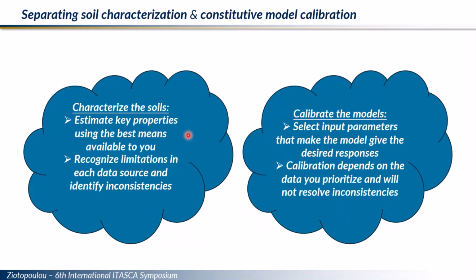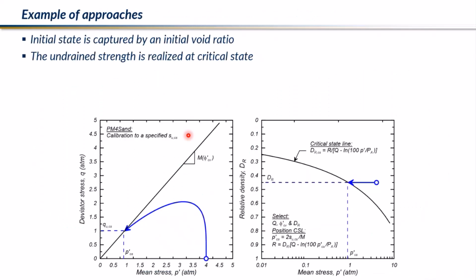An example for this has to do with the very simple notion of undrained shear strength. So here I'm showing plots of deviator stress versus mean effective stress, so basically an undrained path, starting from an initial void ratio, shedding effective stress, building excess pore pressure because it's undrained, and then eventually landing on the critical state line.